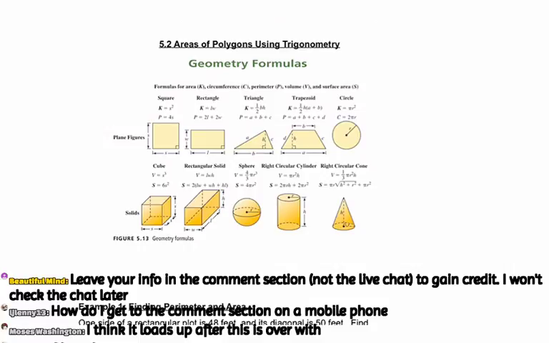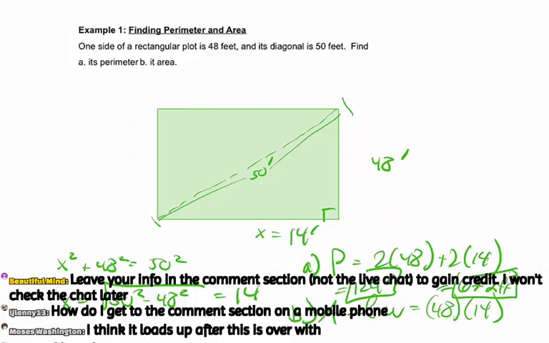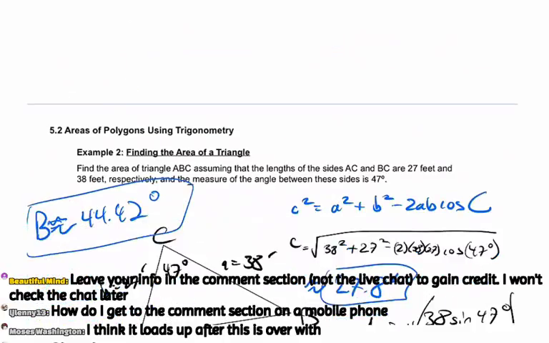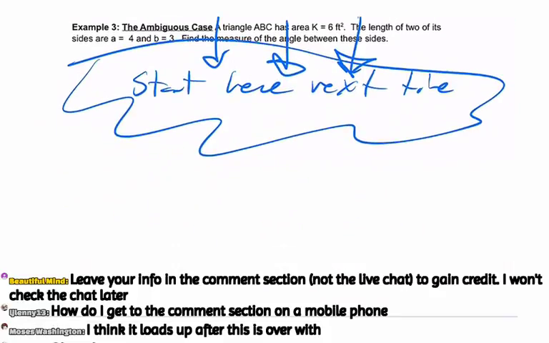So we worked example 1, finding the perimeter and area of this figure. We did this one in class, so let's just pick up where we left off. We completed example 2, and we want to start here with example 3 from section 5.2.